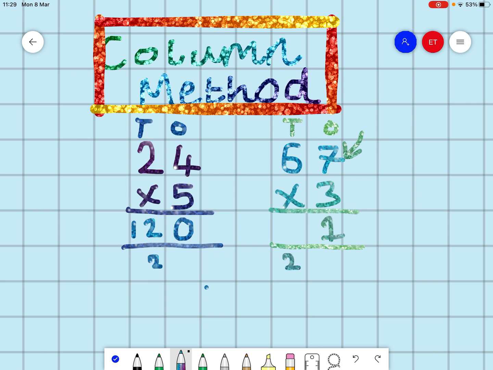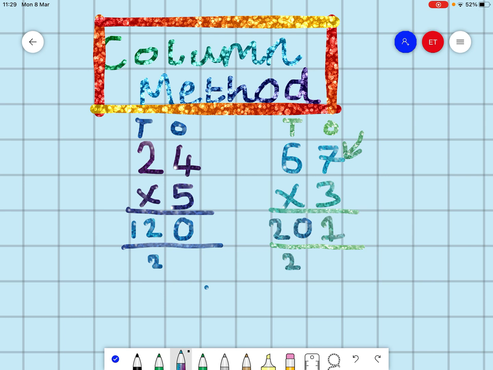We'll add that once we've multiplied the tens. So let's multiply the tens. 6 times 3 is 18. So 60 times 3 is 180. But we need to add our 20 to the 180, which gives us 200. So our answer is 201.